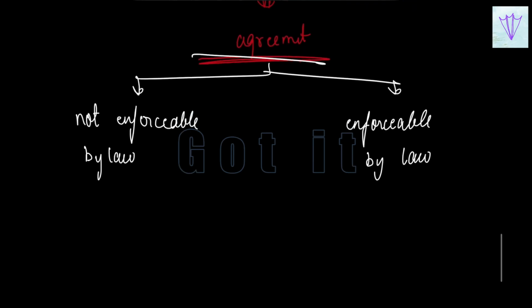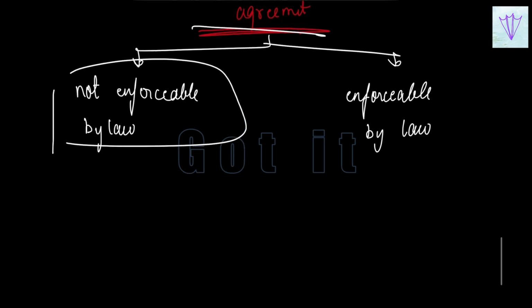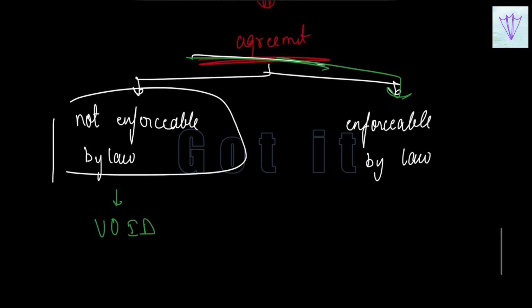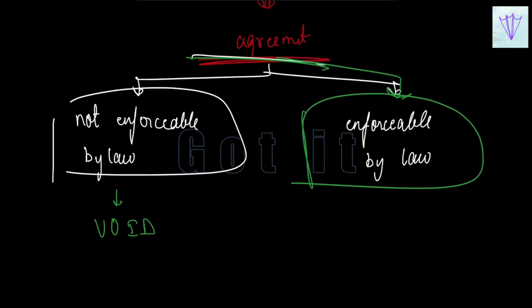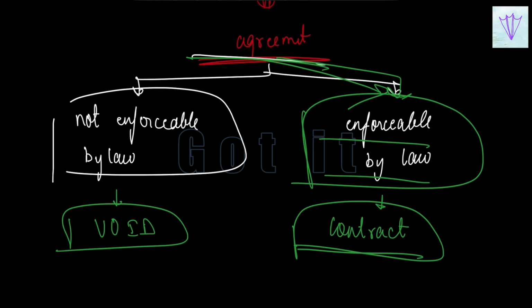An agreement which is not enforceable by law is said to be void, and an agreement which is enforceable by law is said to be a contract. Void means it is not valid, and an agreement enforceable by law is valid, and therefore it is called a contract.